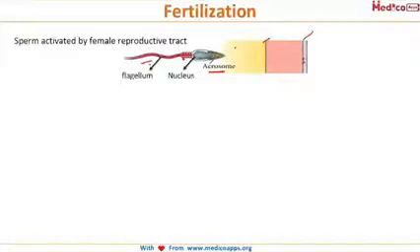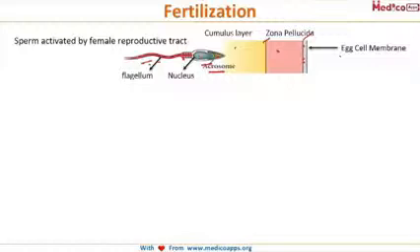This entire process can be seen beautifully depicted in this diagram. Here we can see a mature sperm with a nucleus, a middle piece, a tail and an acrosomal cap. The diagram depicts the cell membranes of the oocyte, namely the egg cell membrane or the vitelline membrane, the mucoprotein layer that is the zona pellucida, and the outer layer that is the cumulus layer or corona radiata.